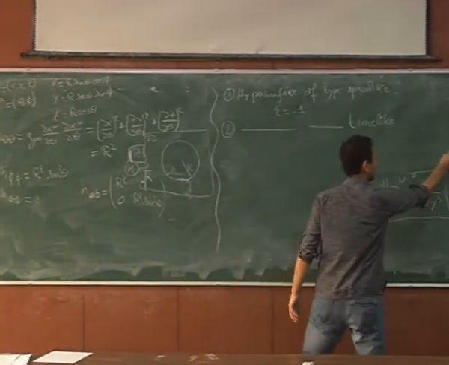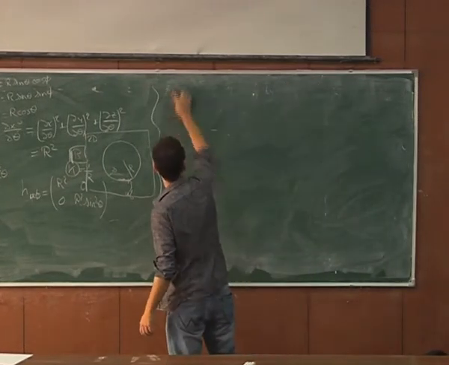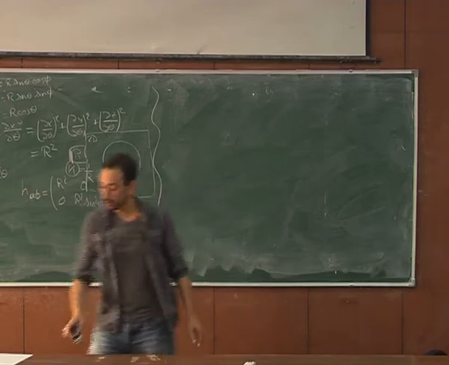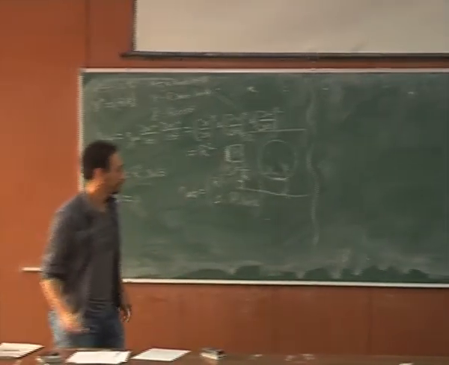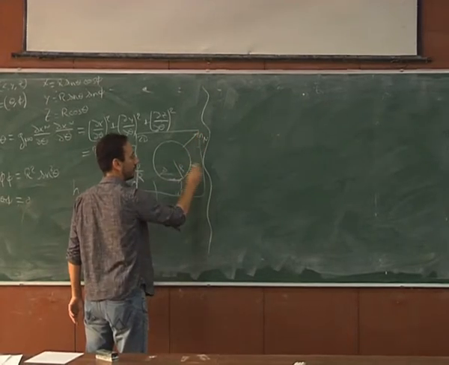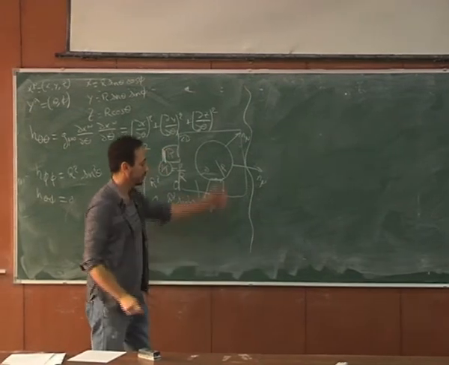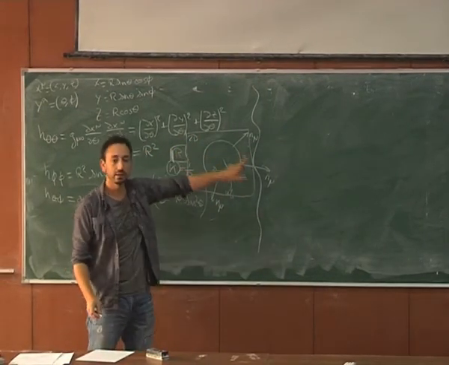So let me just say how to define it. Actually, it's pretty simple. We define it just with the normal vector, n^ν. You see that the normal vector is actually rotating.